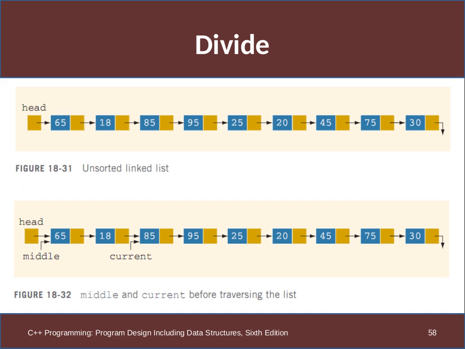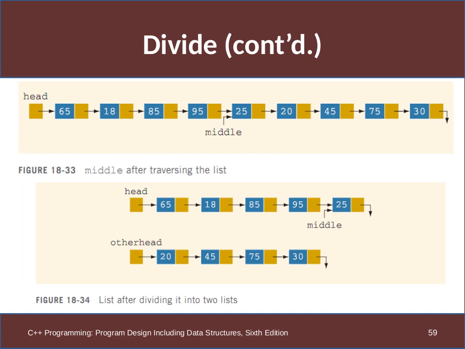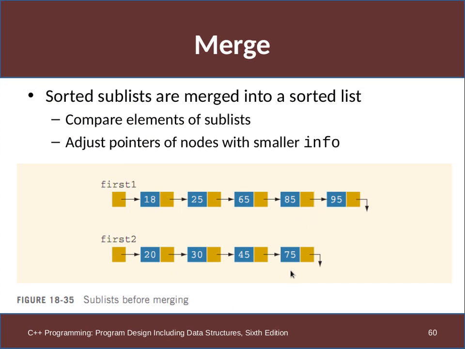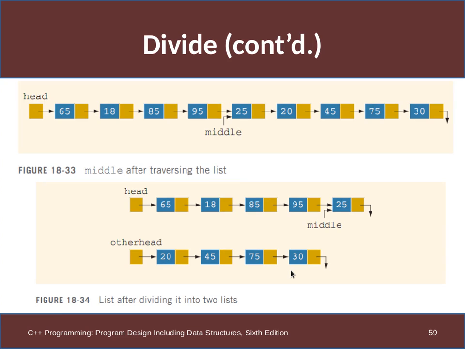So divide: head and middle, you're really just moving the 2 pointers over until the middle is about halfway in. And then you have the head going to the middle here, and then the other head going to the next one. The idea is that what you'd want to do is probably set this middle to null.